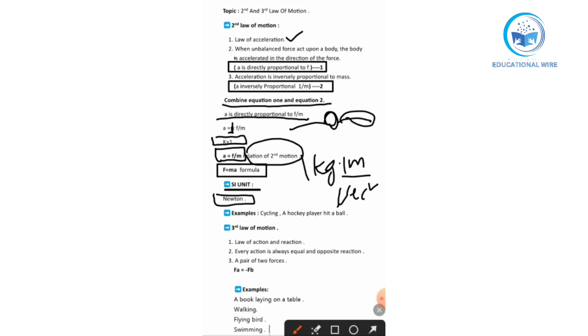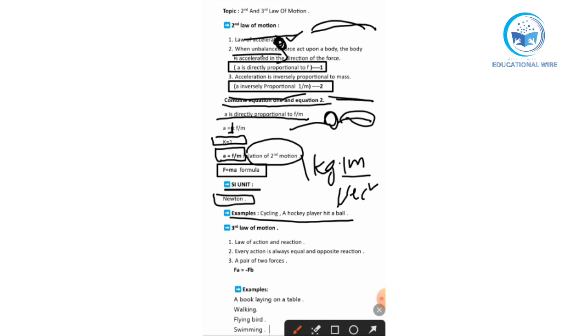Talking about examples, these examples are cycling and a hockey player hitting a ball. How cycling? Like one man is cycling and pedaling the cycle. He is putting force, so he accelerates more. Now there is one more question: if he puts a low force, he has low acceleration.